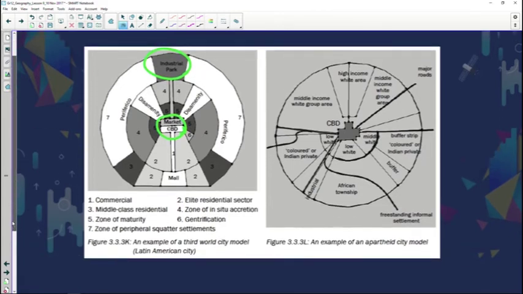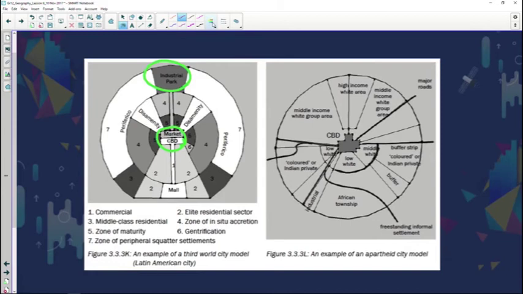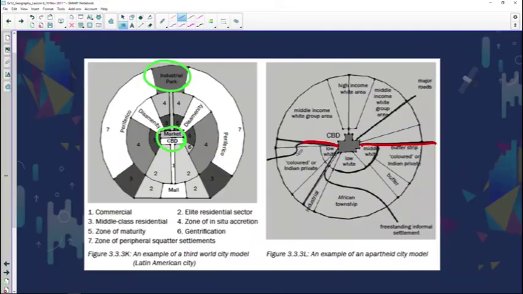But if you look at South Africa's model, and I want to highlight it over here, the apartheid government created buffer zones. As you can see, the buffer zones over here, it might be roads, it might be railway lines, it might be green belts, it even might be a river. Now, these buffer zones were created to separate the black and the white people from one another.